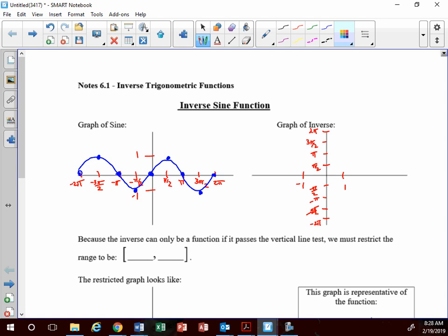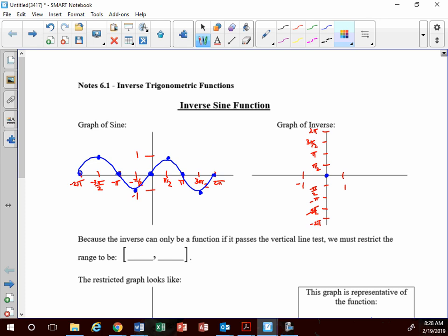So we're going to switch around our ordered pairs now for graphing. So sine started at 0, 0. If I switch 0 and 0, it's still just 0, 0, right? Everybody gets that? Okay, so we still have that dot. This point right here, that would be the ordered pair pi over 2, 1.